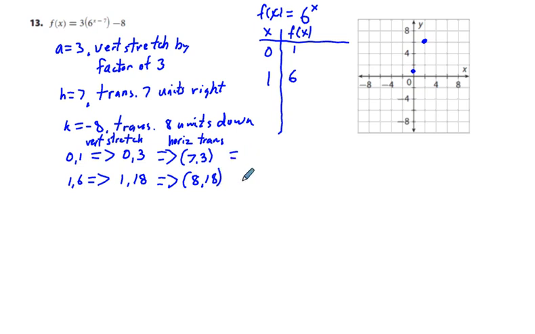Okay, and the last thing we're going to do is take our vertical translation, which is 8 units down.